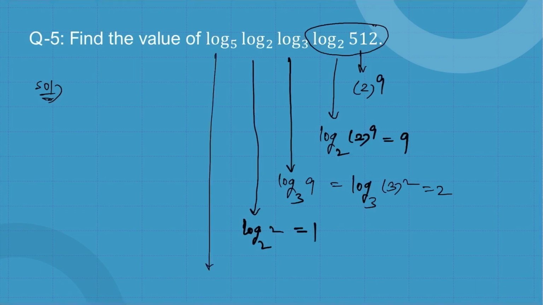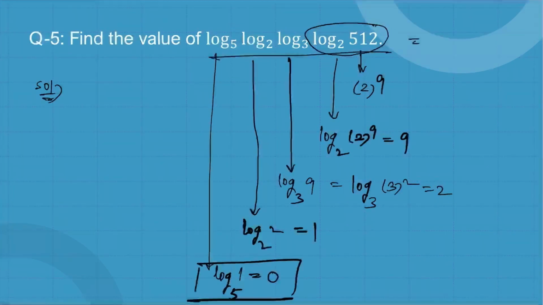In the last we find log base 5 of 1, so log of 1 with base 5 will be equal to 0, because log of 1 with any base is 0. So we found that the whole result will be equal to 0. So we find the value of this expression and it is equal to 0.